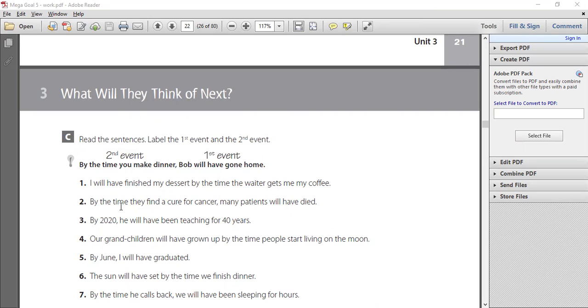For example, here, number one: I will have finished my dessert by the time the waiter gets me my coffee. Two events: finished my dessert, waiter gets me my coffee. Which one is going to happen first?